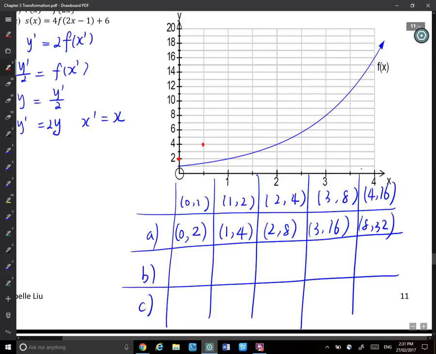So 0, 2, 1, 4, 2, 8, 3, 16, but 4, 32 is too high. Okay, it's like that. And those are still endpoints. 0, 2, 1, 4. Just labelling 2 is enough. Okay, that's part A.